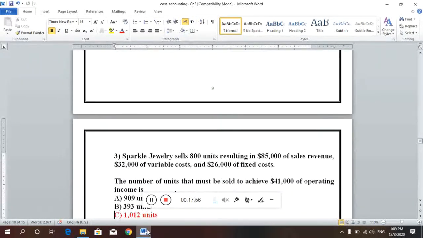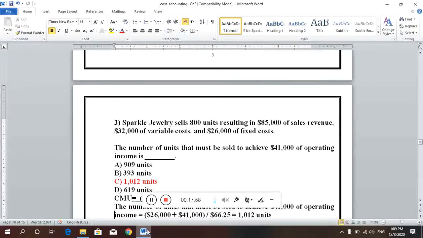After that, number 9. This is number 9. Sparkle Jewelry sells 800 units, resulting in $85,000 of sales revenue and $32,000 of variable costs and $26,000 of fixed costs.